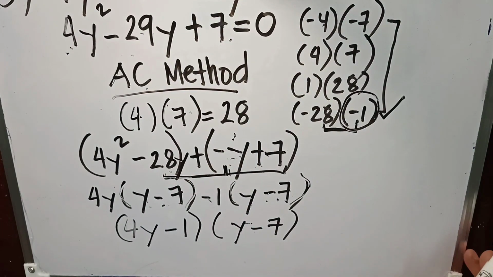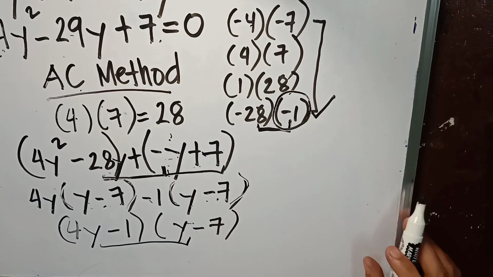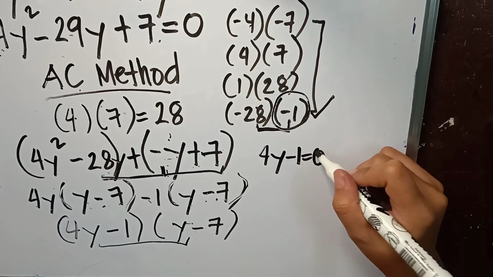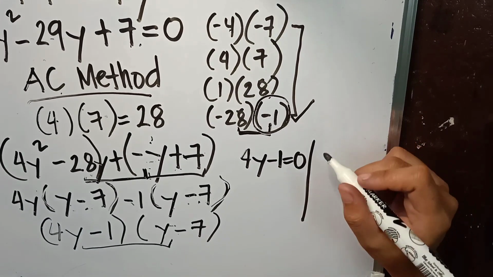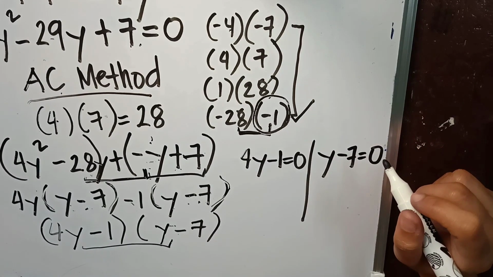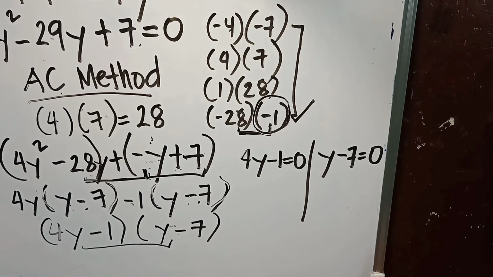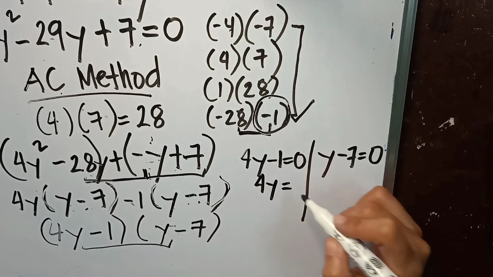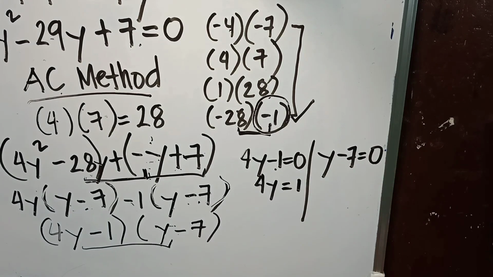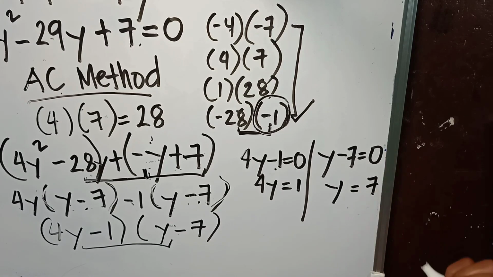Next step, we are going to equate each factor. We have 4y minus 1 equals 0, and the other one, y minus 7 equals 0, to get the solution set. Next, 4y equals, transpose it to the other side, it becomes positive 1. And the other one, y equals positive 7.